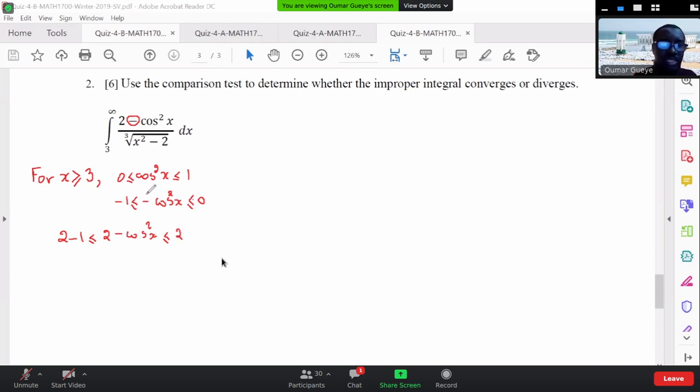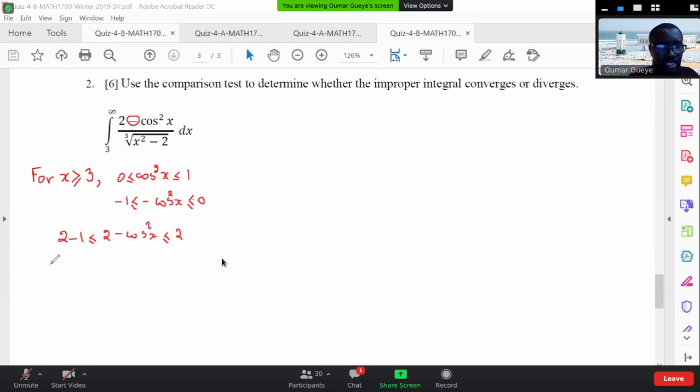From this double inequality, what I did is just add 2. On the left it's going to be -1 plus 2, in the middle minus cosine square plus 2, and on the right 0 plus 2.